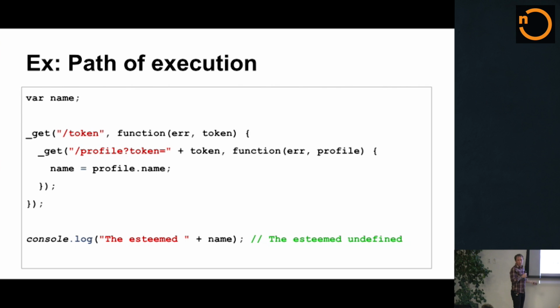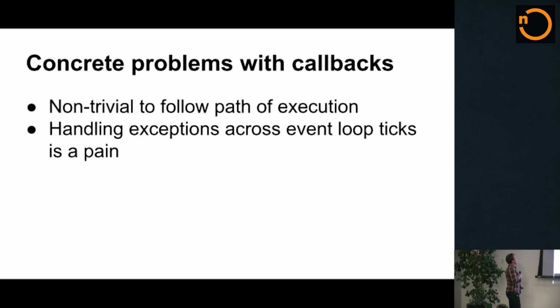We all know, because we're awesome JavaScript people, that we have to put that in there. And all this nesting is somewhat significant, and these nested functions imply an order of operations that you can't get by simply going top to bottom. That kind of sucks. I'll also demonstrate that handling exceptions across event loop ticks is a pain.